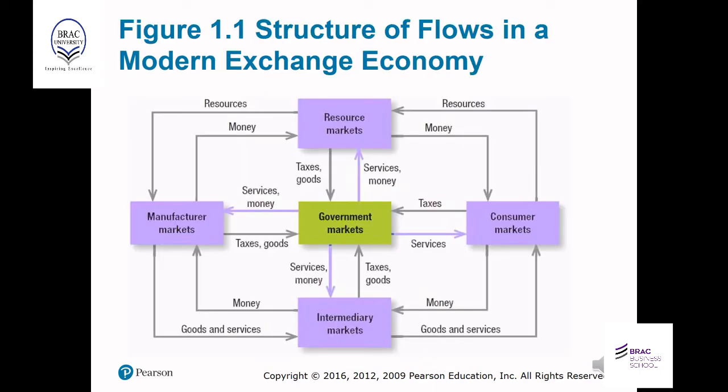So here is the structure of flow in a modern exchange economy, how the money and resources are flowing from one pattern of market to another pattern of market. So you can see the flow of money, the flow of goods and services. Sometimes we are giving taxes, and against this tax we are getting services from the government.